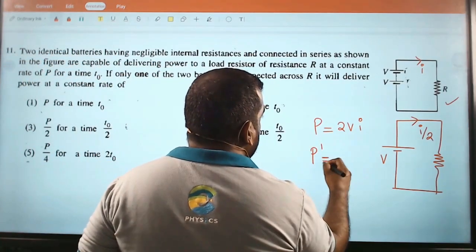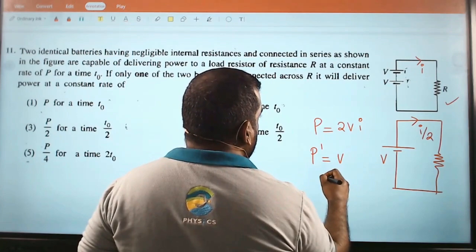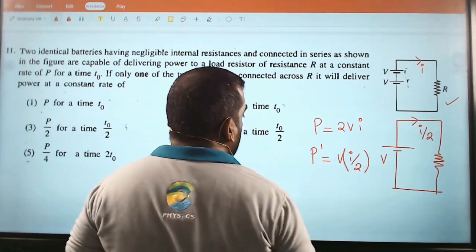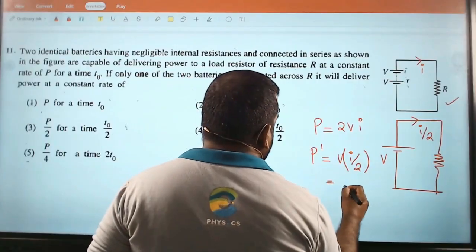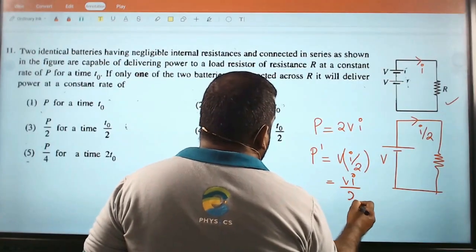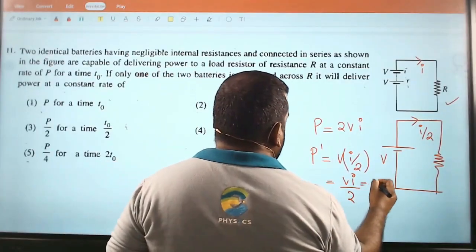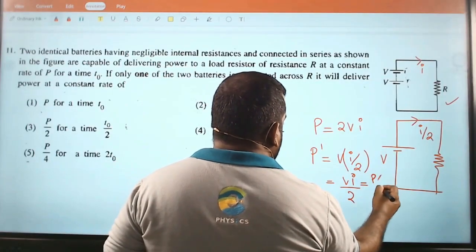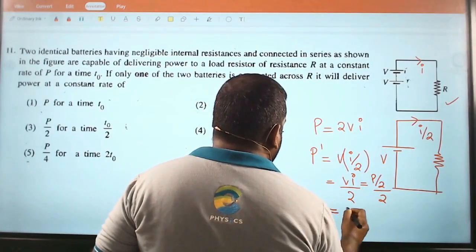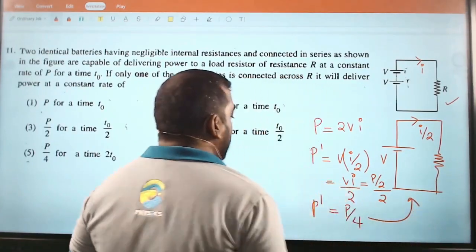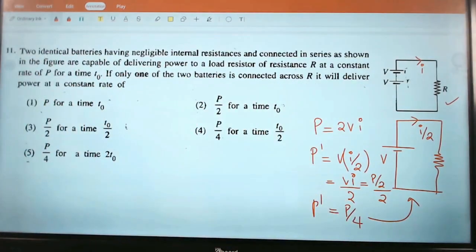Power P dash, voltage V, current is I over 2. So VI divided by 2. What is VI? P over 2, times 2. P over 4. So power delivered here is P over 4. Right?